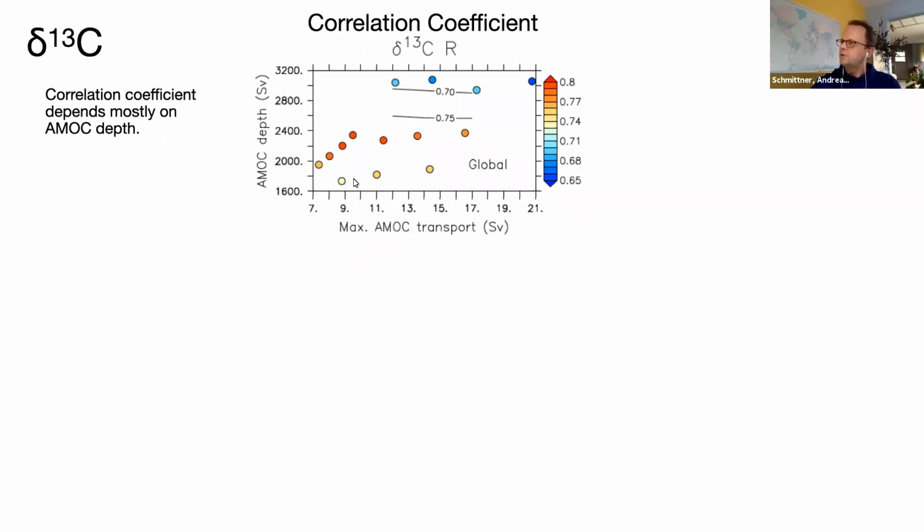So both shallower AMOCs and deeper AMOCs have smaller correlation coefficients. But you can also see that the correlation coefficient mainly varies with AMOC depth, whereas it is not sensitive to AMOC strength, right? So all those isolines here are horizontal, essentially.